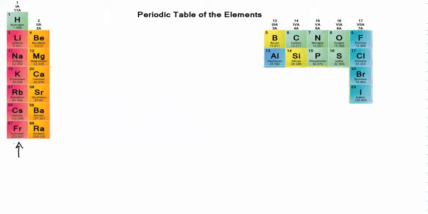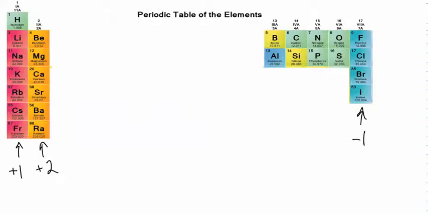These guys all have one outer electron, and they want to lose it, and they want to become +1 ions. This next column of metals, these guys all want to lose 2 electrons, so they'd like to become +2 ions. I got rid of the noble gases because they don't want to do much at all. And these nonmetals over here, these guys all have 7 valence or outer electrons.